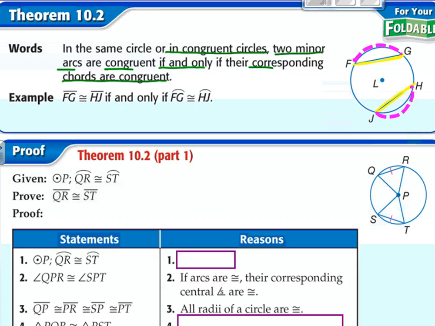So if these are equal, you might want to mark them with 1 marking. Then these arcs are also congruent, and you might want to mark those with 2 markings so that we know. And this is a biconditional, if and only if, so we can know this first part and we get the second part, or we can know the second part and we get the first part.